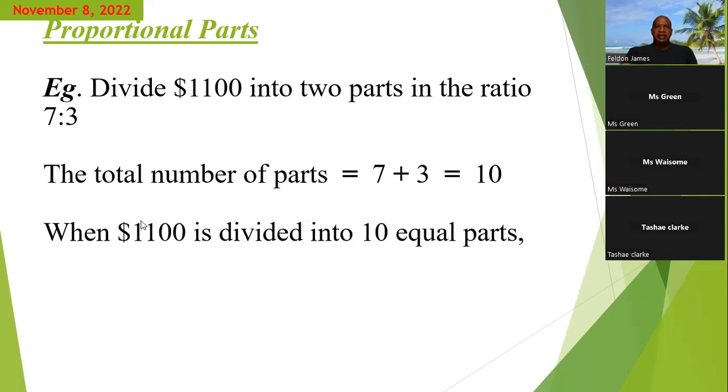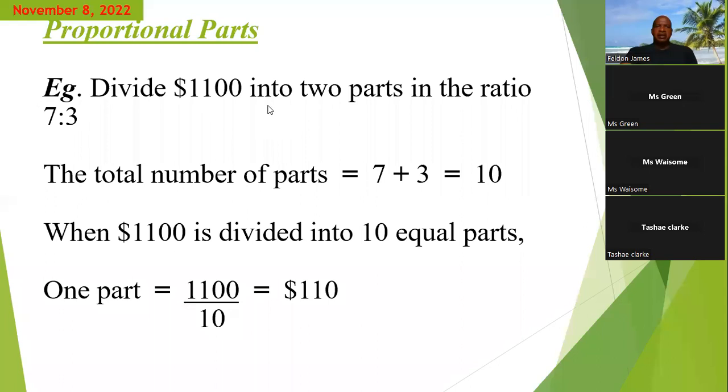All right. So also, in order to share any number into any given parts in terms of ratio, we generally first sum the ratios together. So we sum all the parts of the ratio. In this case, you would add 7 plus 3, and that will give you the sum of the ratios. Now, we are sharing $1,100 based on this ratio.